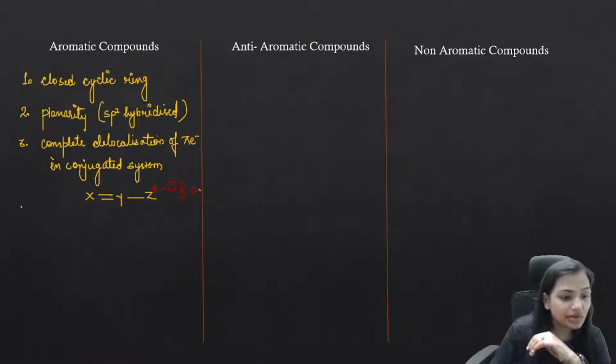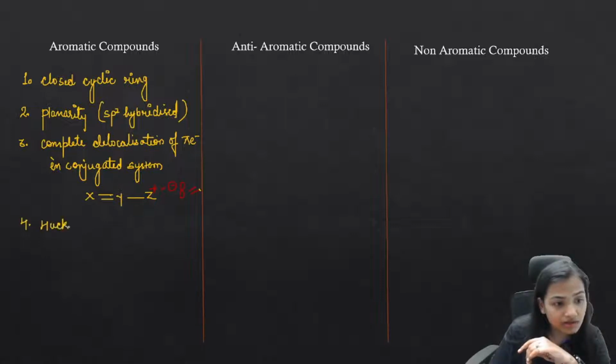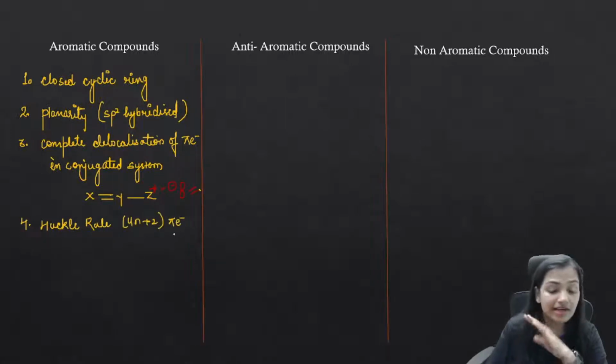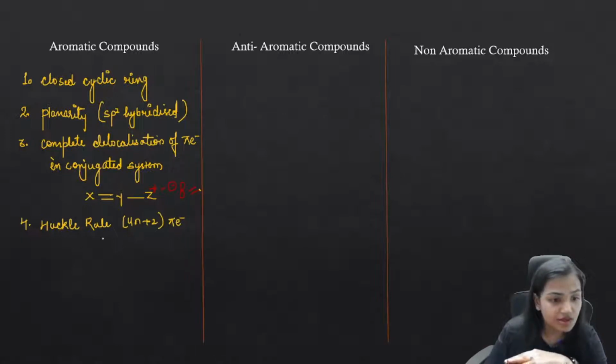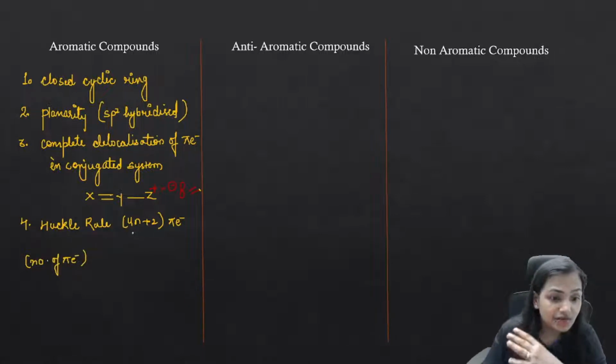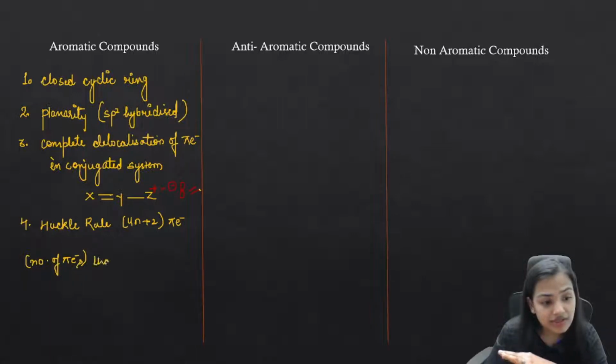And the fourth point is that it must follow Huckel's rule. So what is Huckel's rule? Huckel's rule is the 4n plus 2 pi electron rule. That is the number of pi electrons, the electrons which take part in delocalization. So Huckel's rule basically tells you about the number of pi electrons that participate in delocalization.